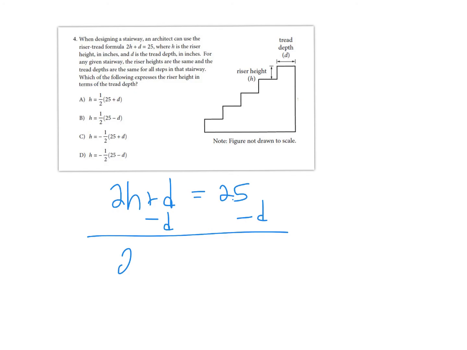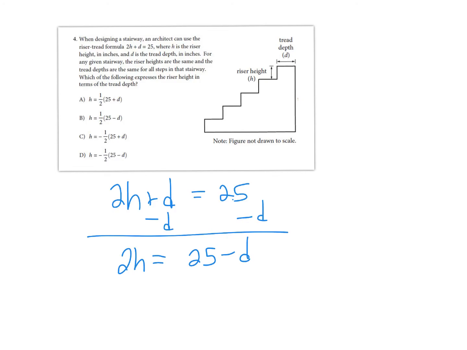Okay, so we're going to be solving for h by the look of it. So using our equation, we have 2h plus d is equal to 25. All right, so now we're going to solve for h, so minus the d. 2h is equal to 25 minus d.